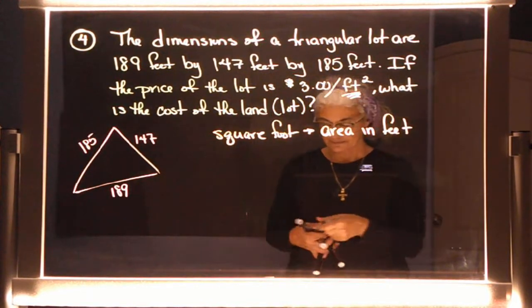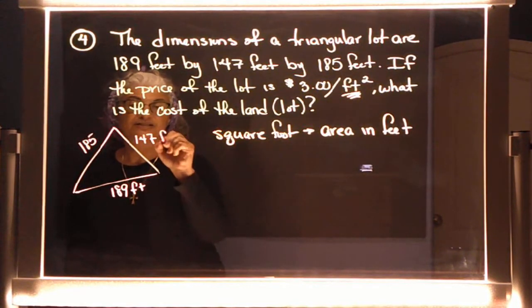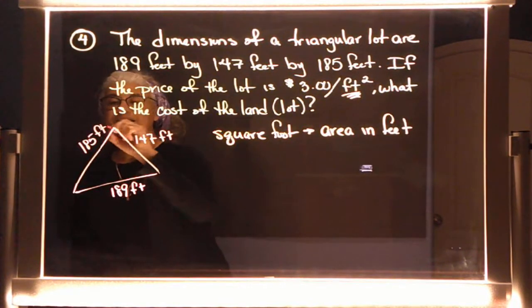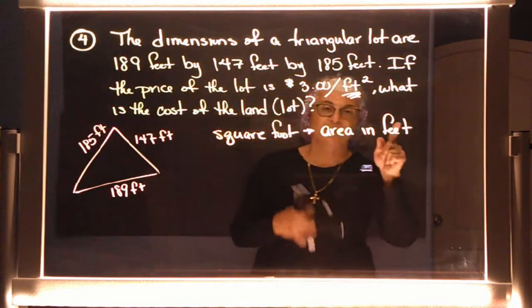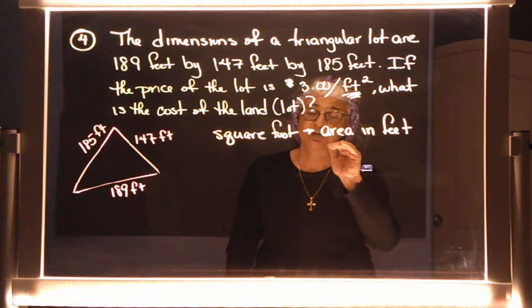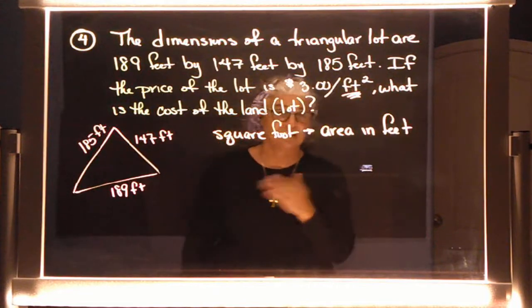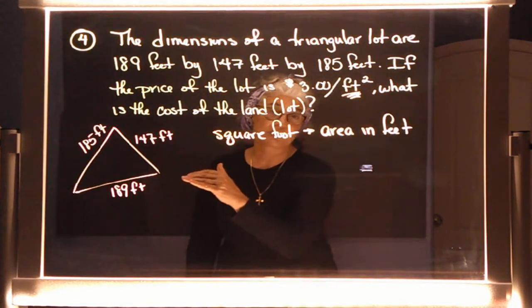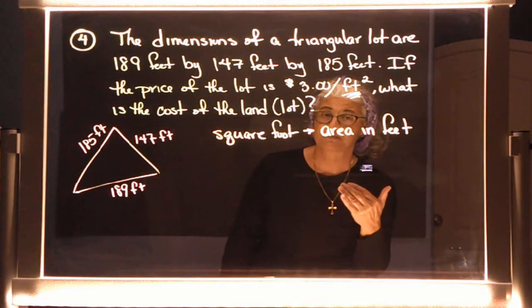Gratefully, each of these dimensions is already in feet. So we've got the feet part taken care of, but what we don't have is the area. So guess what we need to find? Good, we need to find the area of this lot, because once we know the area, we're able to find the pricing, aren't we?